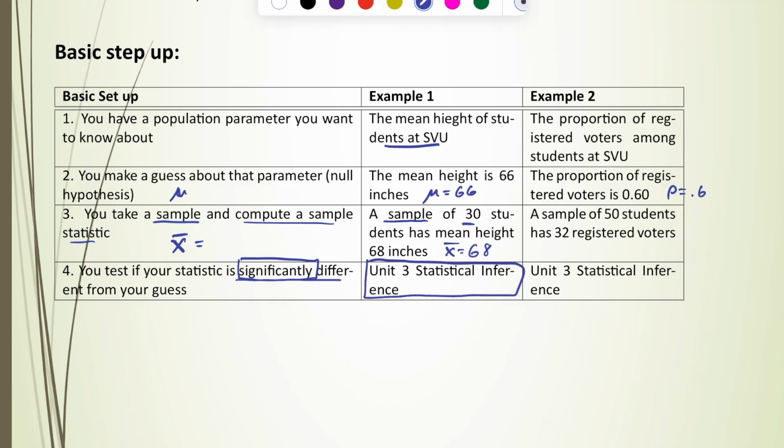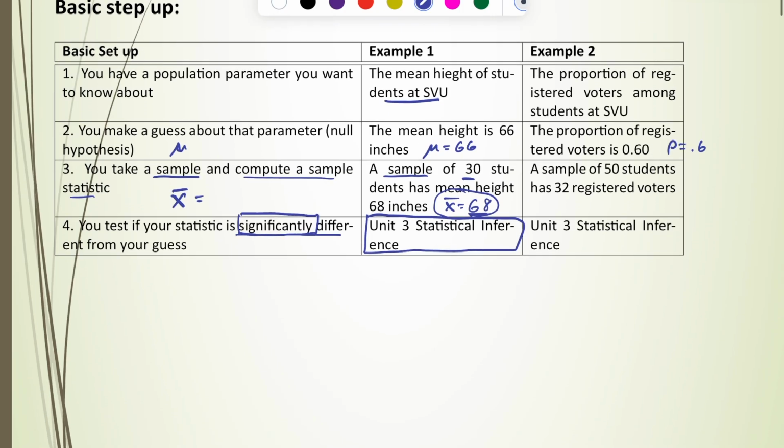We're going to leverage modern probability theory to determine the likelihood of us getting data with such and such a statistic if the population parameter was as guessed. And if that likelihood is super low, we will reject our guessed population parameter. We'll reject that guess. Okay, now we will talk about the nitty-gritty later on.